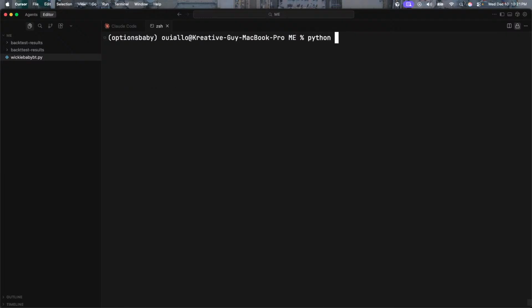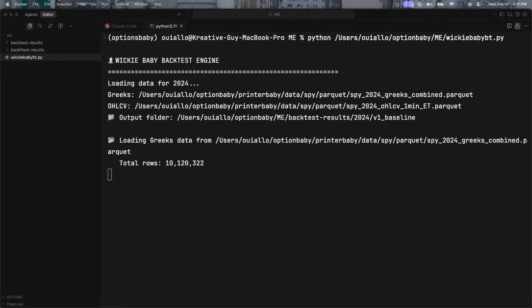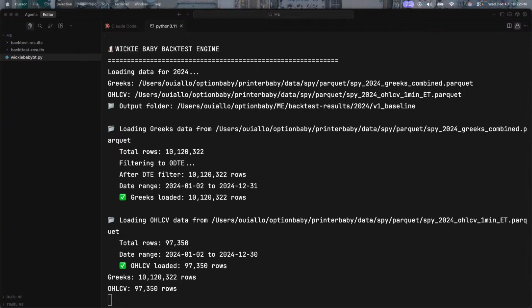Let's run it, and let's see. Beautiful. All right, rerunning the backtest. Now we're going to see how well it's going to perform based on what we've done.